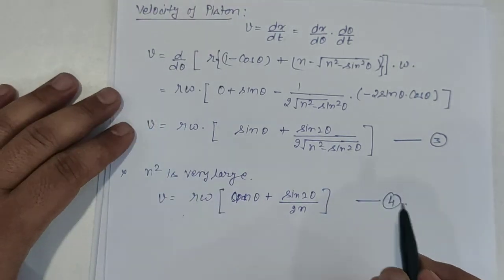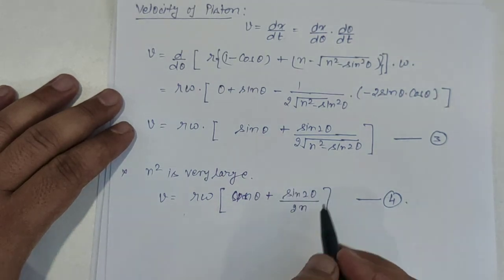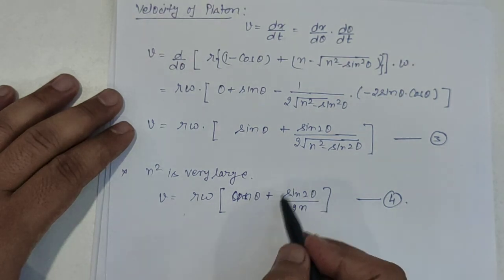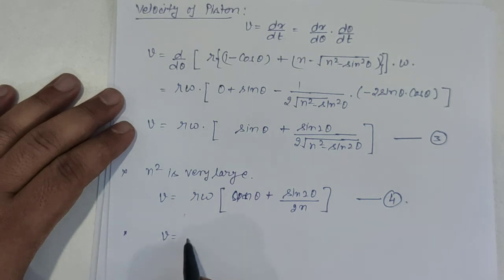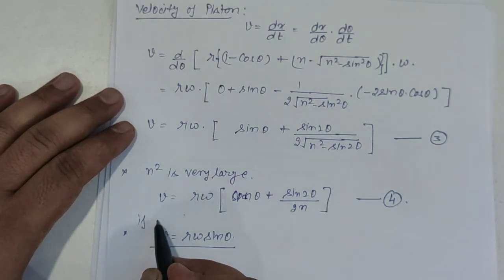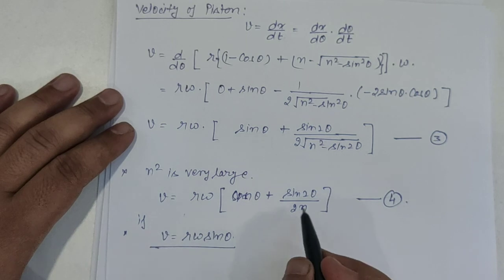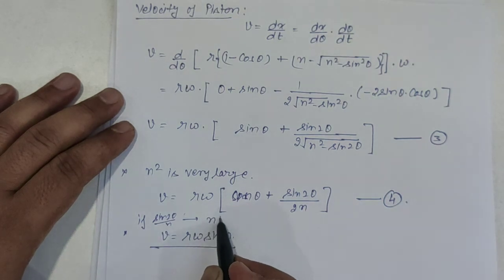If n is very large, we can also neglect this value, and finally we get v = rω sin θ. The term sin 2θ/n can be negligible when n is very large.